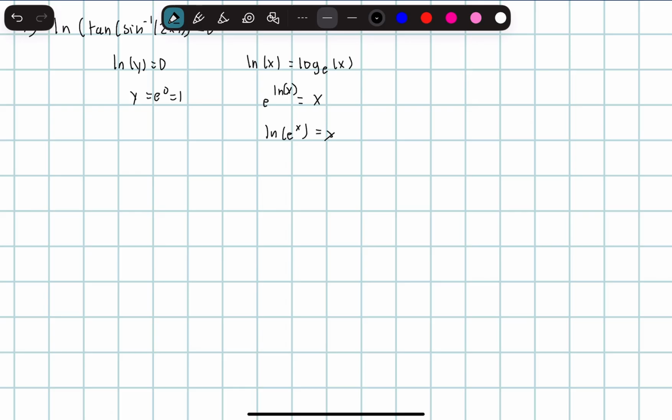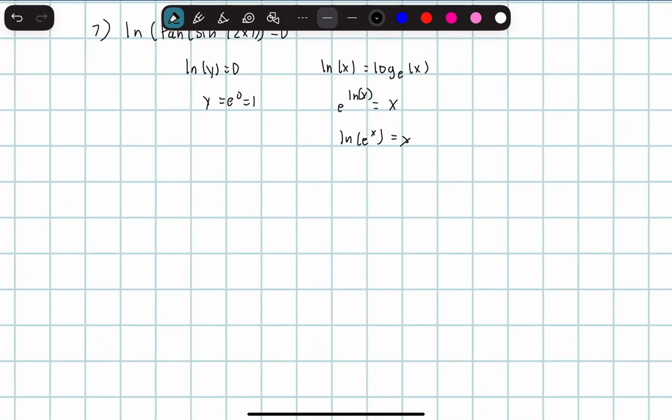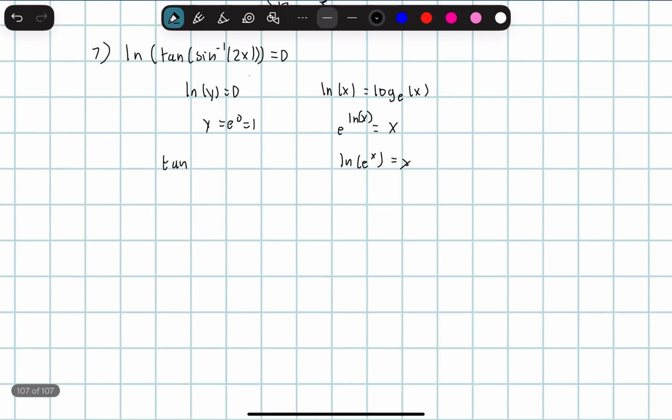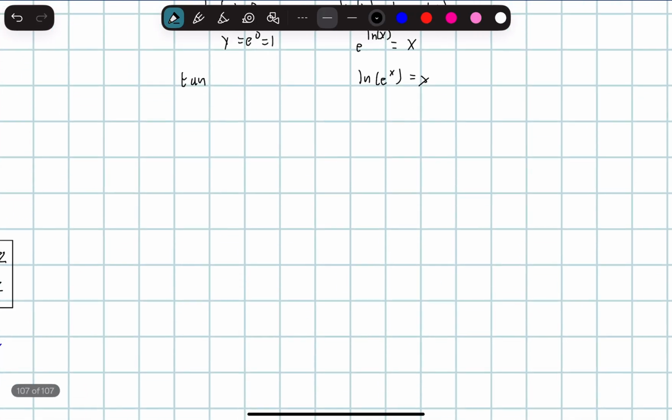Awesome. So now we have tangent of sine inverse of 2x equal to 1.